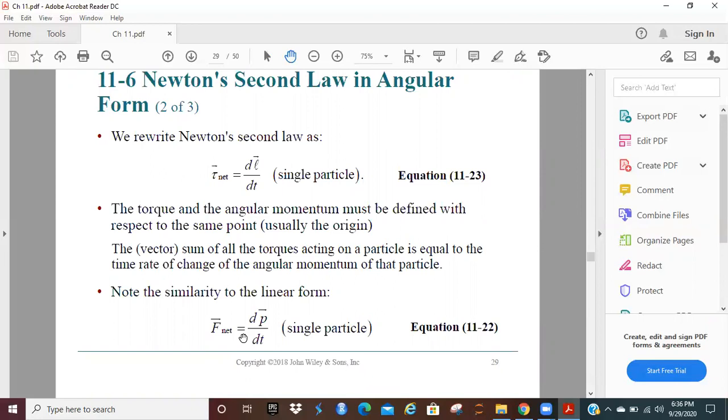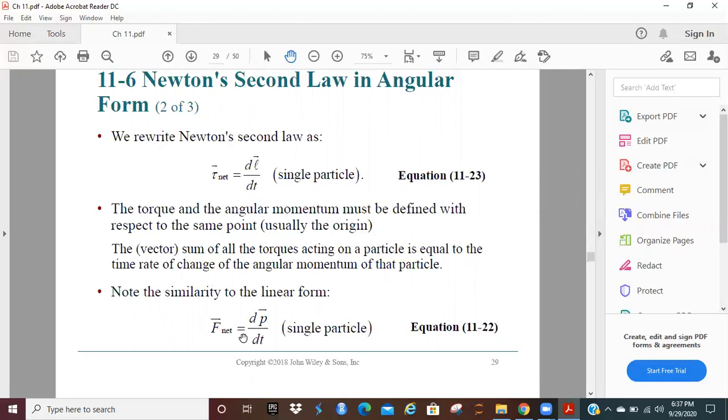The analogy holds if you look at angular forms of that. Your torque is going to be your force in an angular sense, and that is going to be the derivative of your angular momentum, represented with L, with respect to time. So the torque and the angular momentum must be defined with respect to the same point, usually the origin.